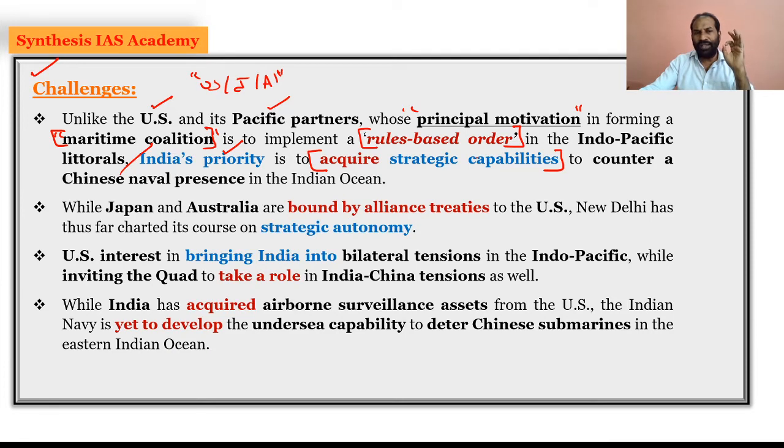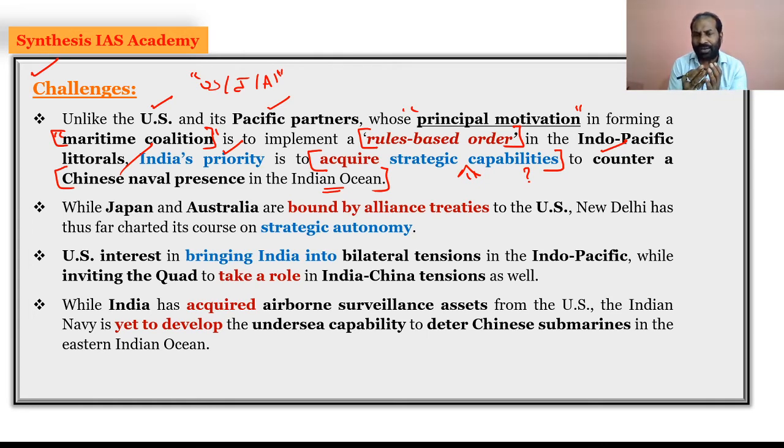But India's priority is acquiring strategic capabilities in the Indo-Pacific region. Why? To counter the Chinese naval presence in the Indian Ocean. That is the top priority of India, and thereby the challenge is the maritime coalition of the other three countries versus India's priority of acquiring strategic capabilities.